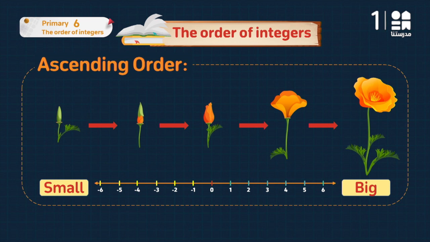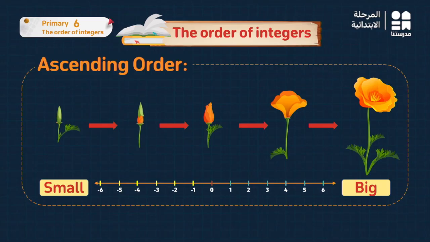Like you can see on the number line, the number line represents the set of integers, Z, starting here from -6, -5, -4, -3, -2, then 0, the special number that, as we said before, is not a positive number and also not a negative number. It separates the negative integers from the positive integers.